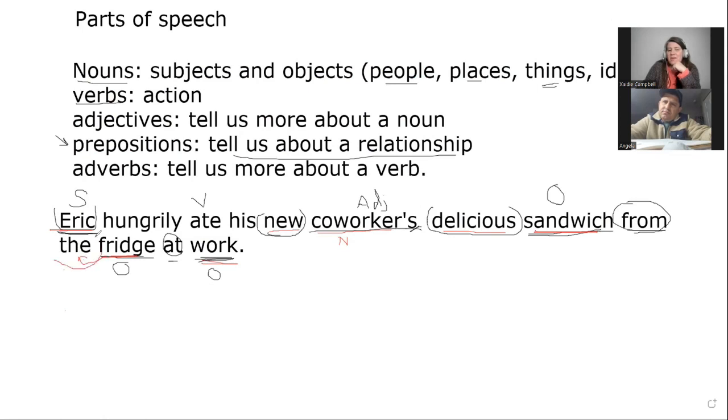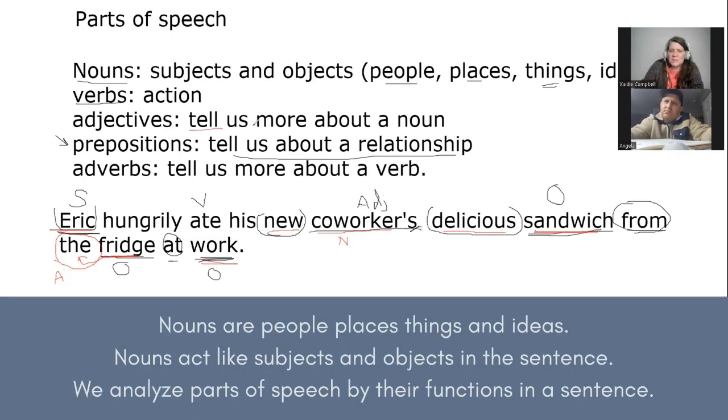So the is also an adjective. It's a special kind of adjective. We call it an article, but it classifies in the adjective forms. We put it before our nouns to talk about our nouns. So just remember, adjectives tell us more about a noun. It's very important that you know the nouns and the verbs. The other ones we can figure out.